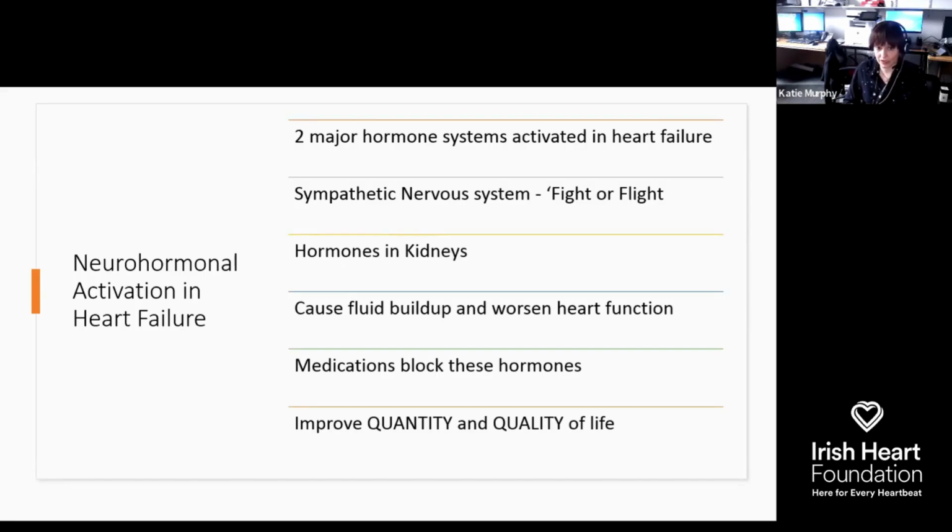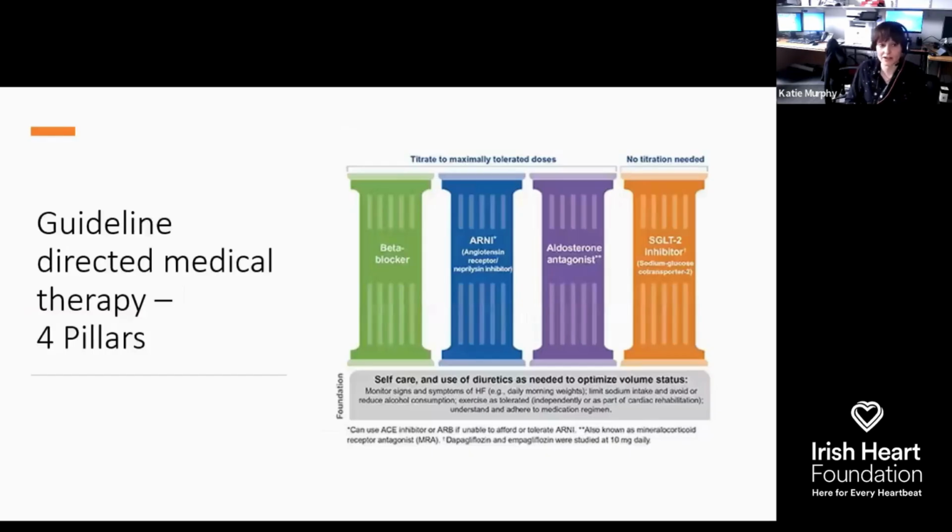And it is truly a golden era of heart failure therapies. The medicines that we have available these days are a world better than they were even 10 years ago. And so you may have heard the term the four pillars. This is what's called guideline directed medical therapy, where we try to get patients on all four medications, which we will discuss.